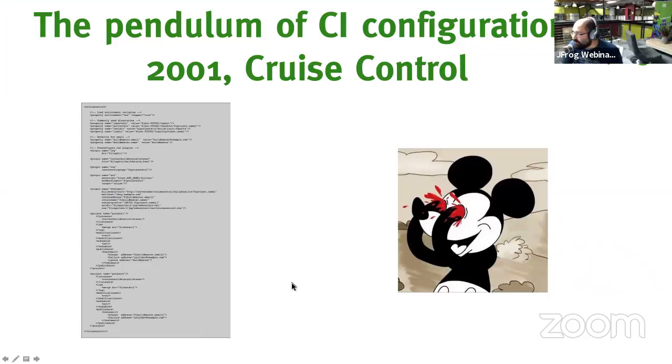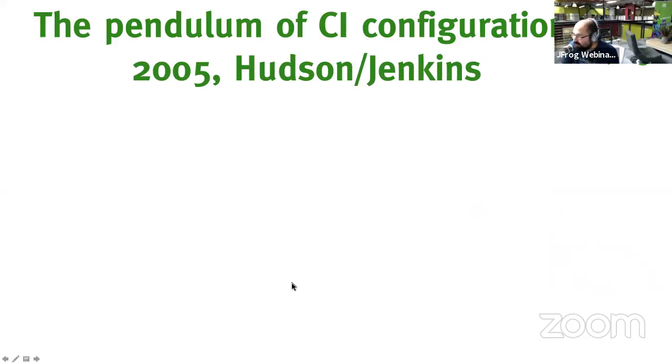In 2005, after we suffered four years with CruiseControl, Kohsuke Kawaguchi developed this great CI server, which is still the most popular CI server in the world, called Hudson back then.